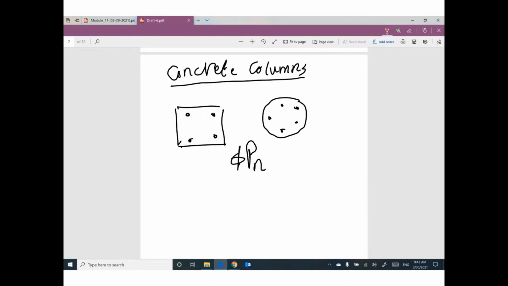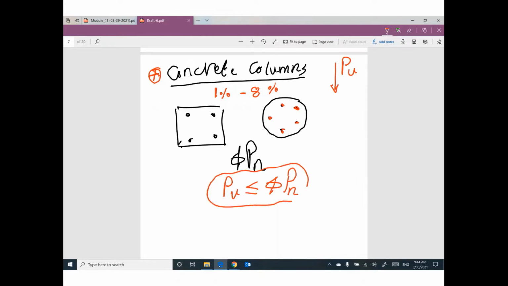And I told you in the concrete course that the percentage of steel reinforcement inside this column is between 1% to 8%. Do you remember that? If you go back to your notes, you will find how to design concrete column under the effect of axial load, P ultimate. And the design philosophy said P ultimate must be smaller than or equal phi Pn.